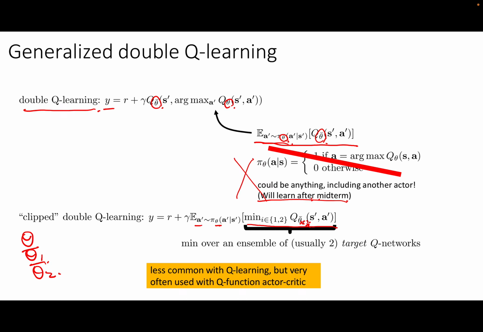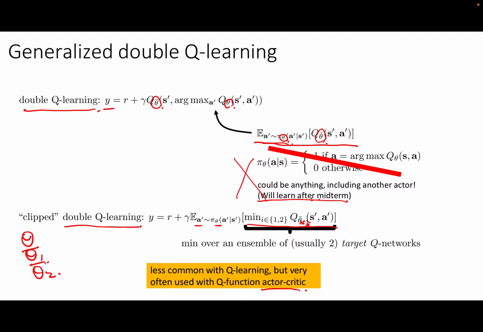Here, this is not J, this is I. So we can make an ensemble of two target networks using this clipped double Q learning. That is common with Q learning, but very often used with Q function actor critic. We will learn actor critic after the midterm.